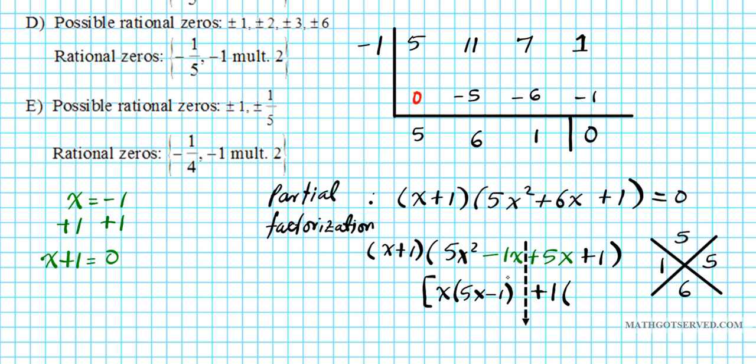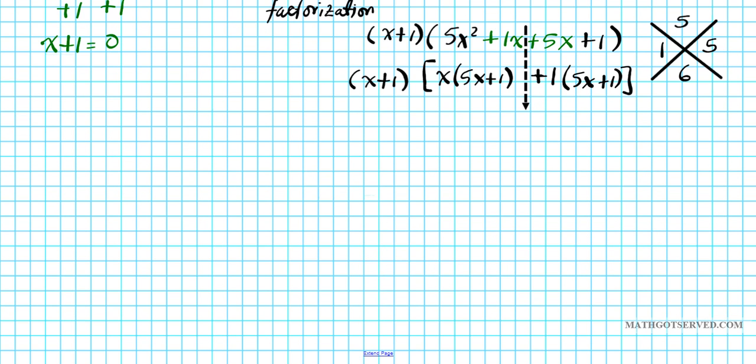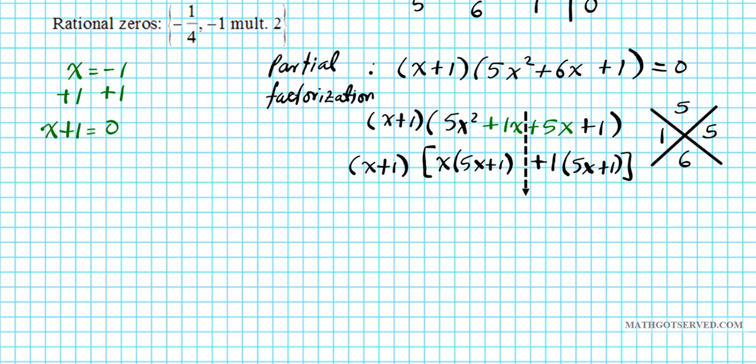Plus 5x plus 1. And then you pause and do a check. Make sure that the quantities in the parentheses are identical, and that is the case here. Looking good.